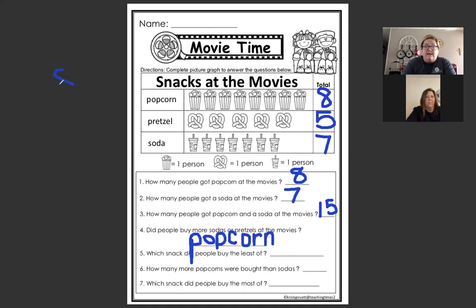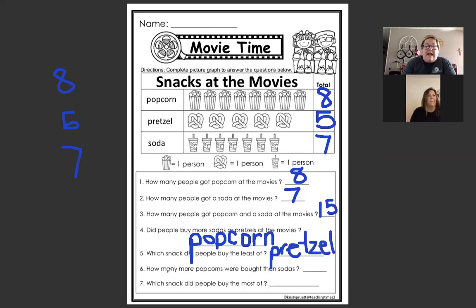Is it 8, 5, or 7? Right. 5 is our smallest number. So the least amount bought pretzels. So on this line, we're going to write pretzel. And ignore my terrible handwriting.